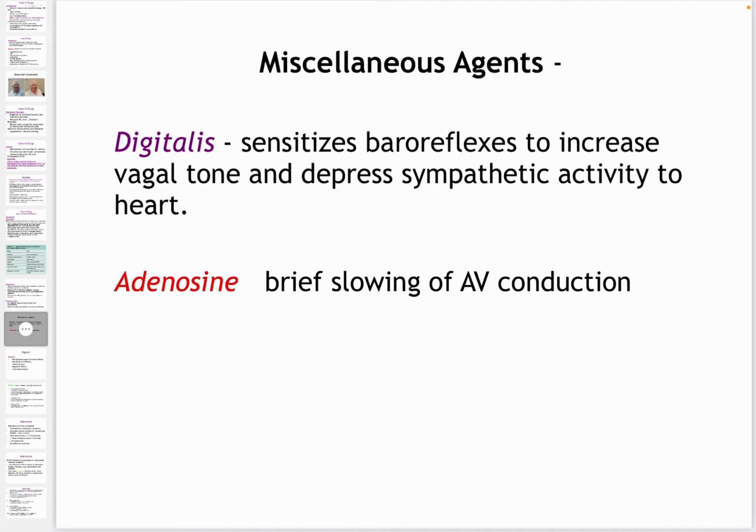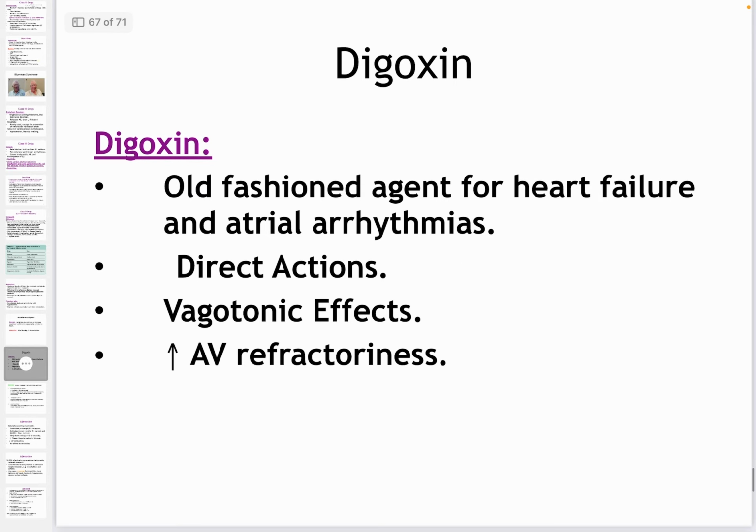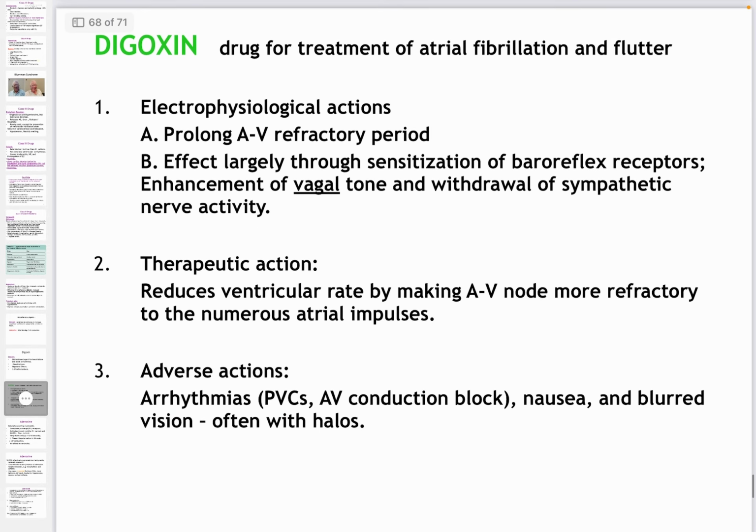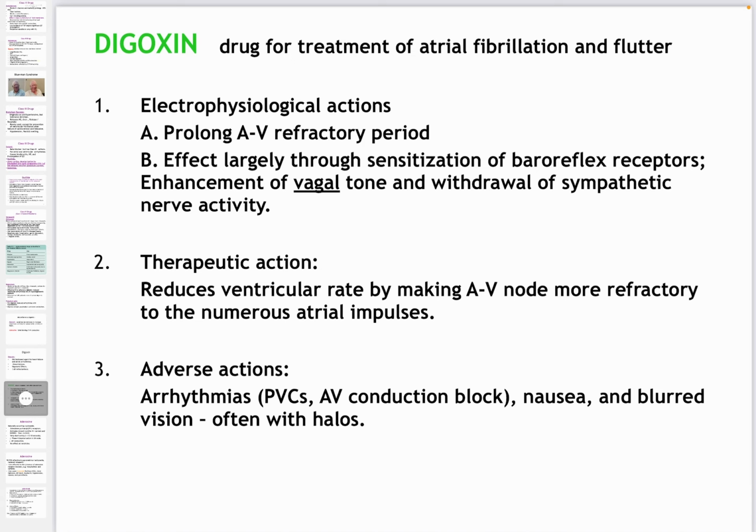This is important because it causes enhancement of vagal tone, and this causes withdrawal of sympathetic nervous system activity. So the effects on the cardiac arrhythmias are mainly due to activation of the vagal tone. This occurs through sensitization of the baroreceptor reflexes.